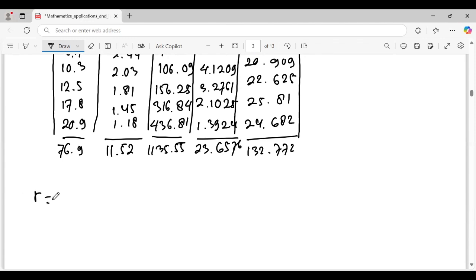So we're going to find the correlation coefficient r, according to the formula, where n equals 6, times this one, sigma xy, 132.772.